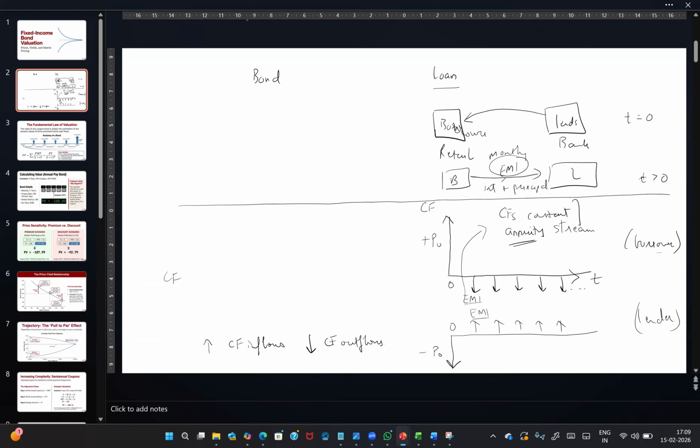So issuers are going to hire investment banks who are going to act as intermediaries, and these intermediaries will help the issuer list these bonds on exchanges and trade them for the first time. And once they're traded, then we say that the bond is traded in secondary markets.